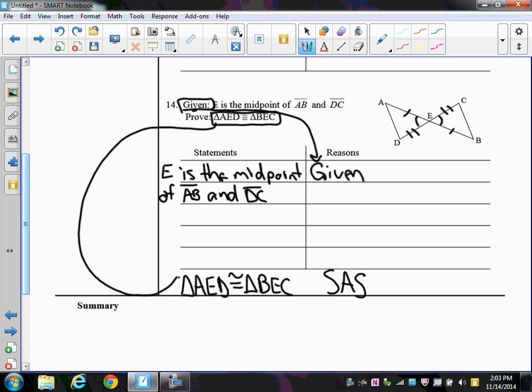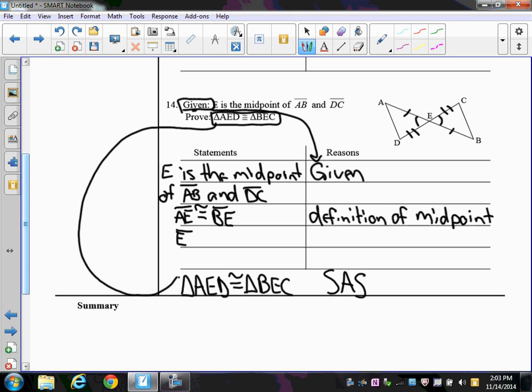The next step is to say segment AE is congruent to segment BE. That's just the definition of midpoint. A lot of times in our proofs we can write definition of something if we're stuck for a reason.